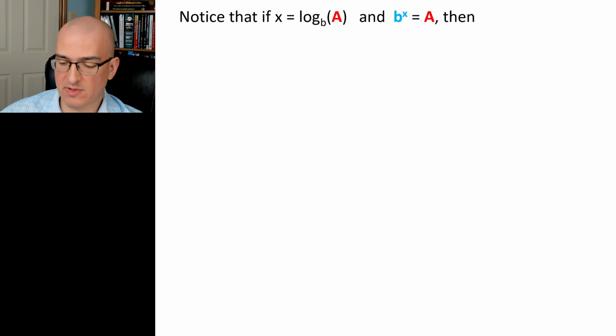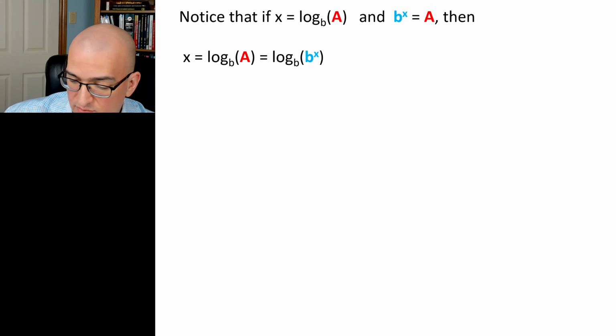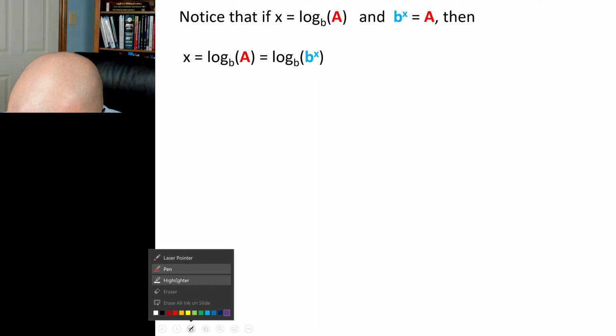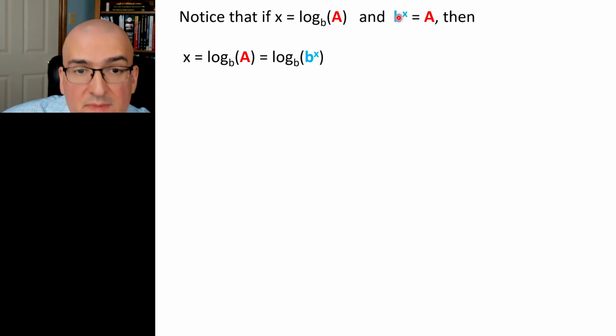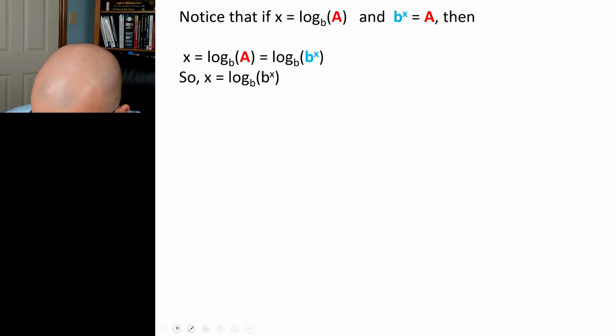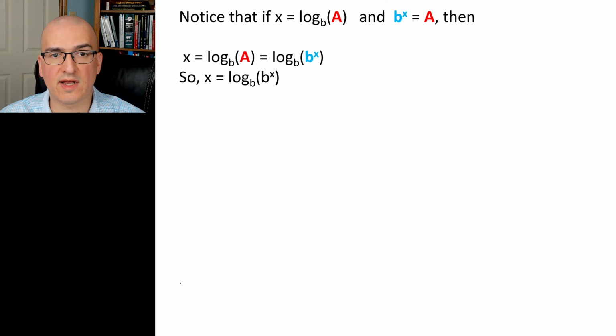That relationship at the very start gives us our first log property. Based on this construction, this is the starting point. Based on this, I can take x equals log base b of a and take that a that's here and use the fact that a equals b to the power of x and replace the a with b to the x, and I have x is equal to log base b of b to the x.